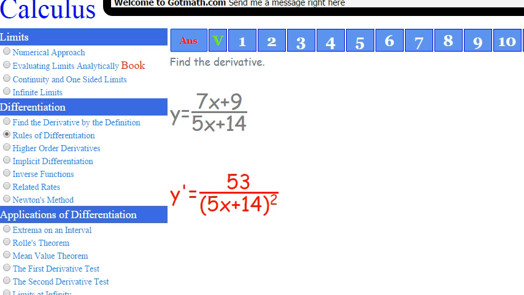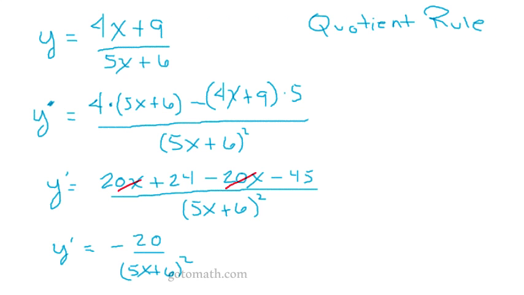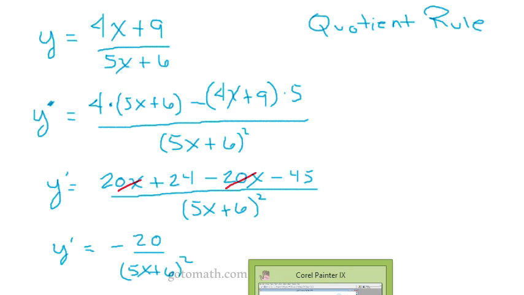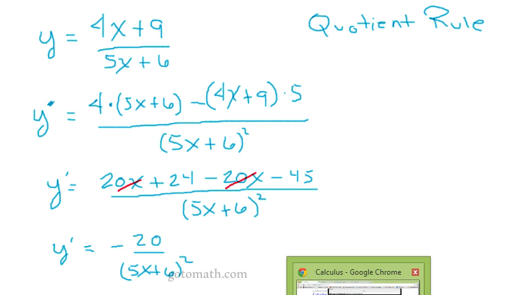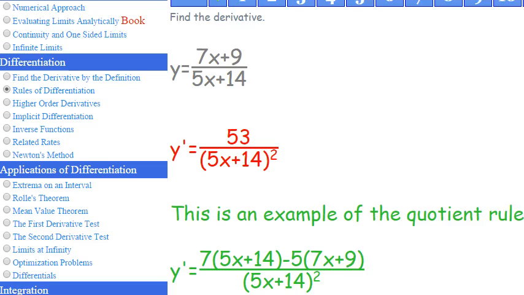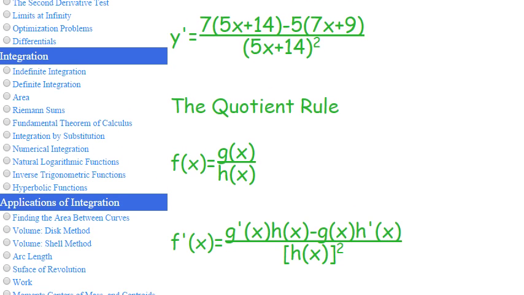Well, anyway, it doesn't matter. Yeah, that's a completely different problem than what we had up here. It doesn't matter.